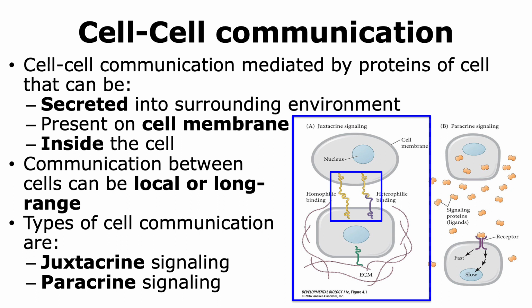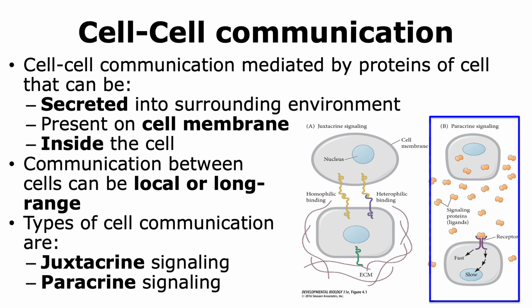However, if you have one type of protein from one cell interacting with another type of membrane protein on another cell, then what we are seeing is called heterophilic binding. During juxtacrine signaling, you can also have interactions between the cell and the extracellular matrix.